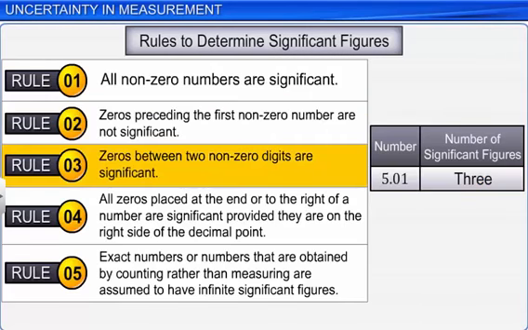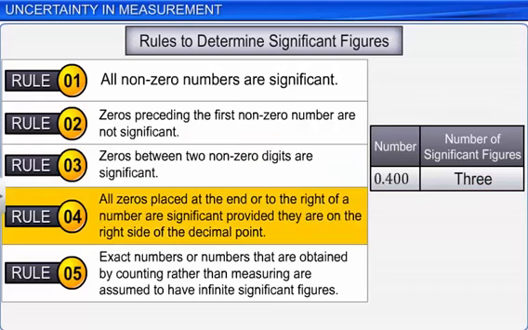The third rule is zeros between 2 non-zero digits are significant. For example, 5.01 contains 3 significant figures. The fourth rule is all zeros placed at the end or to the right of a number are significant, provided they are on the right side of the decimal point.